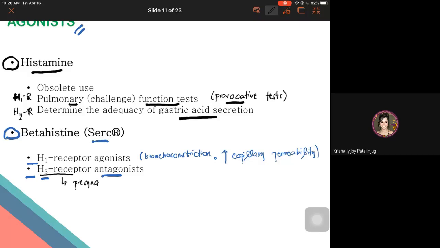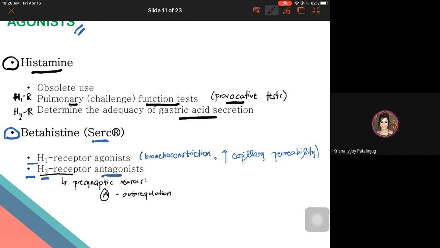presynaptic neurons. Okay? So sa presynaptic neurons, ano yung effect kapag na-activate? Kapag na-activate ang histamine 3 receptor, di ba, there is auto-regulation. Okay?